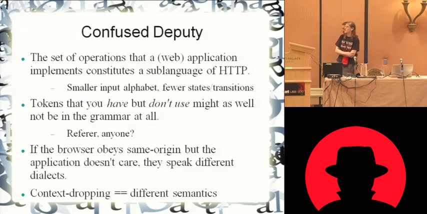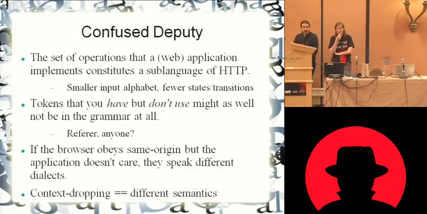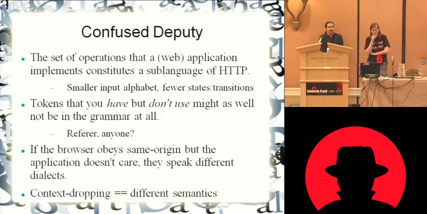All right, so cross-site request forgery and its friends. So you've got some web application. As we said earlier, the set of operations that make up the web application is going to be a restricted sublanguage of HTTP. The input alphabet is smaller, it's got fewer states, fewer transitions.